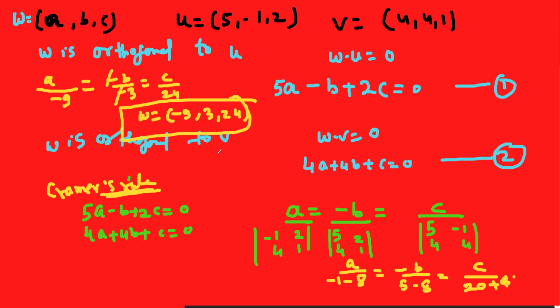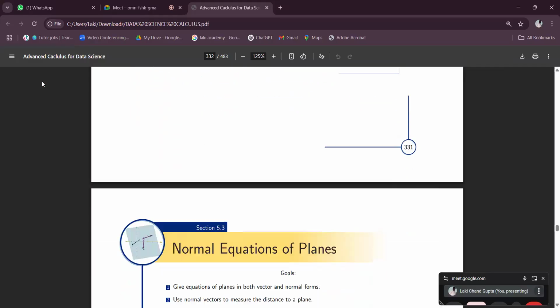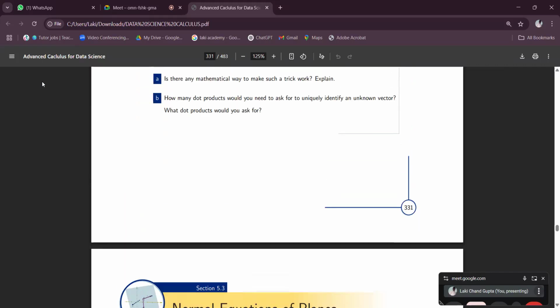And you determined that B will be minus because in the equations, the first one is minus B, right? Okay. So this part is done actually.